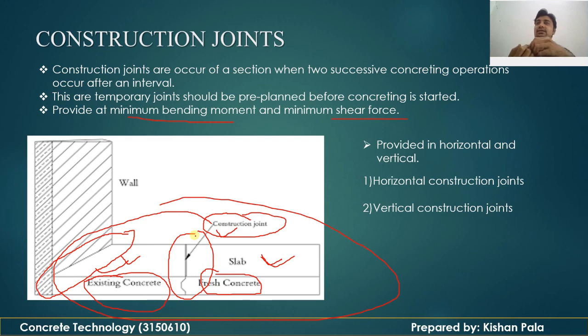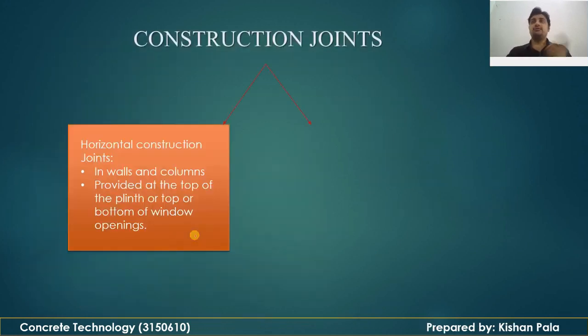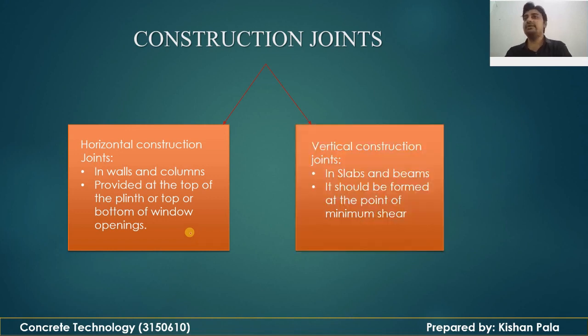If you classify this joint, there is the horizontal construction joint and the vertical construction joint, so let us understand in detail the types of construction joint based on orientation. First is the horizontal construction joint and second is the vertical construction joint.